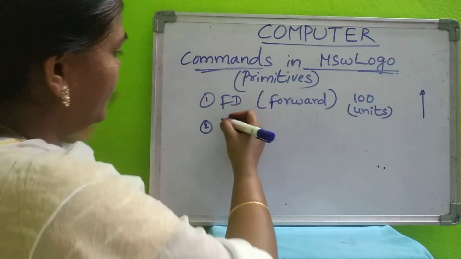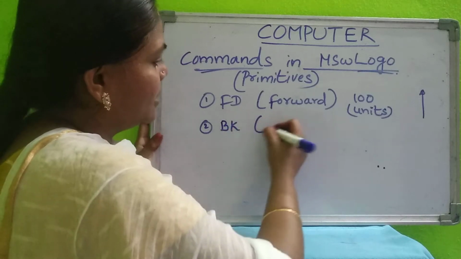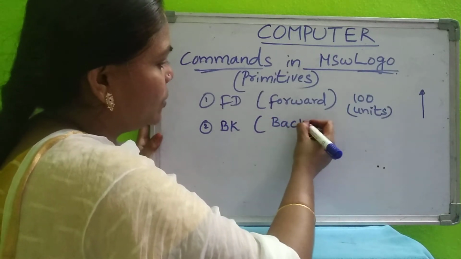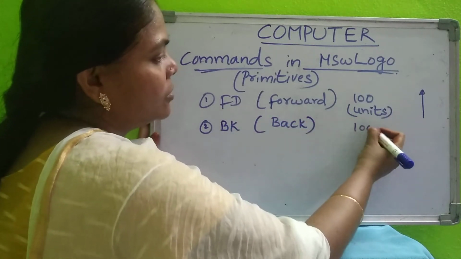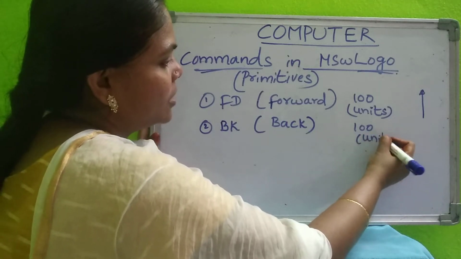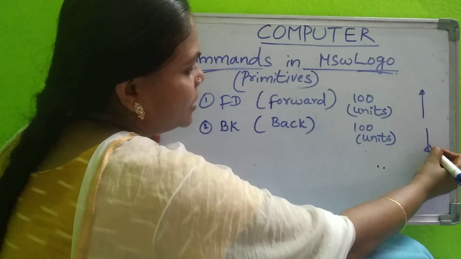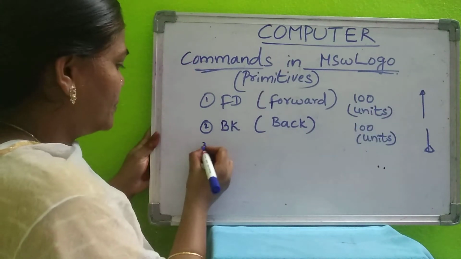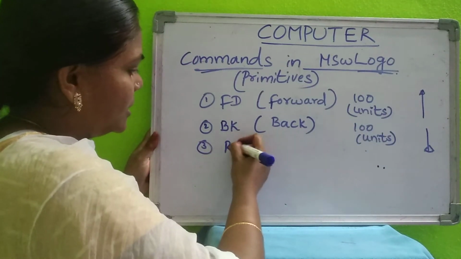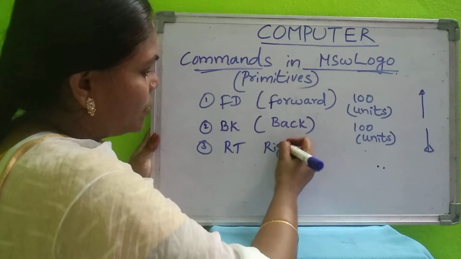Next is BK, back. There is no backward command, only the back command is there. That also we have to mention with the units. So your line will be drawn in the backward direction. Next one is RT, right side or clockwise.